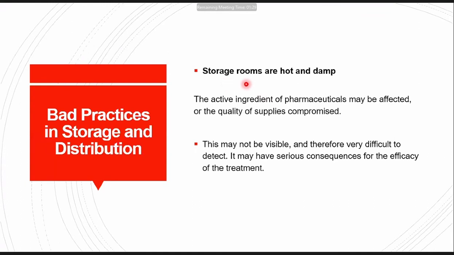If your storage, it can be your dispensary or your bulk store, is hot and damp, what does it do? It will affect the potency of the active pharmaceutical ingredients. And then the quantities that you are going to supply also will be affected. So what does temperature do to drugs?